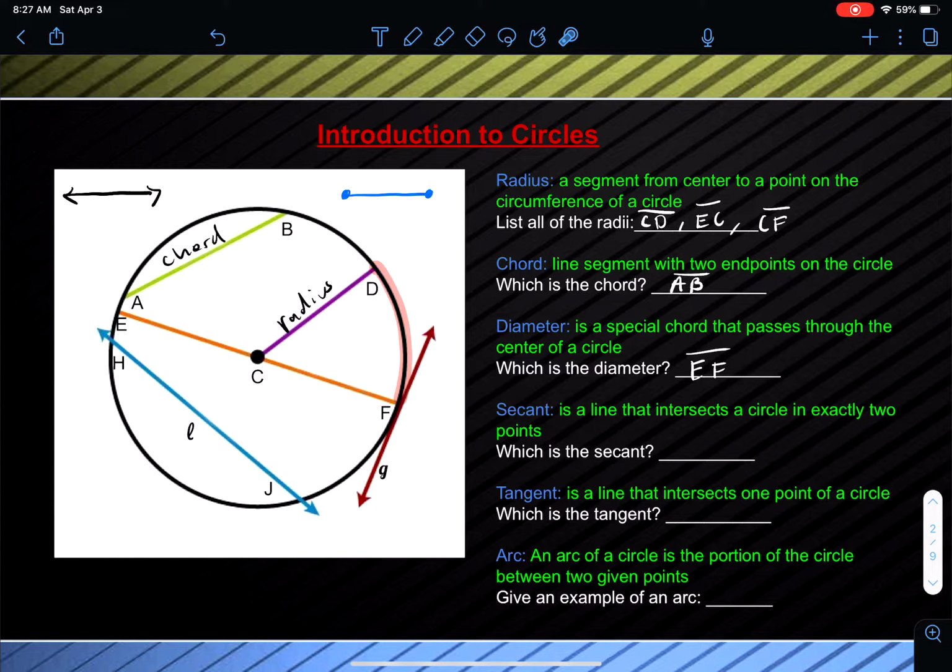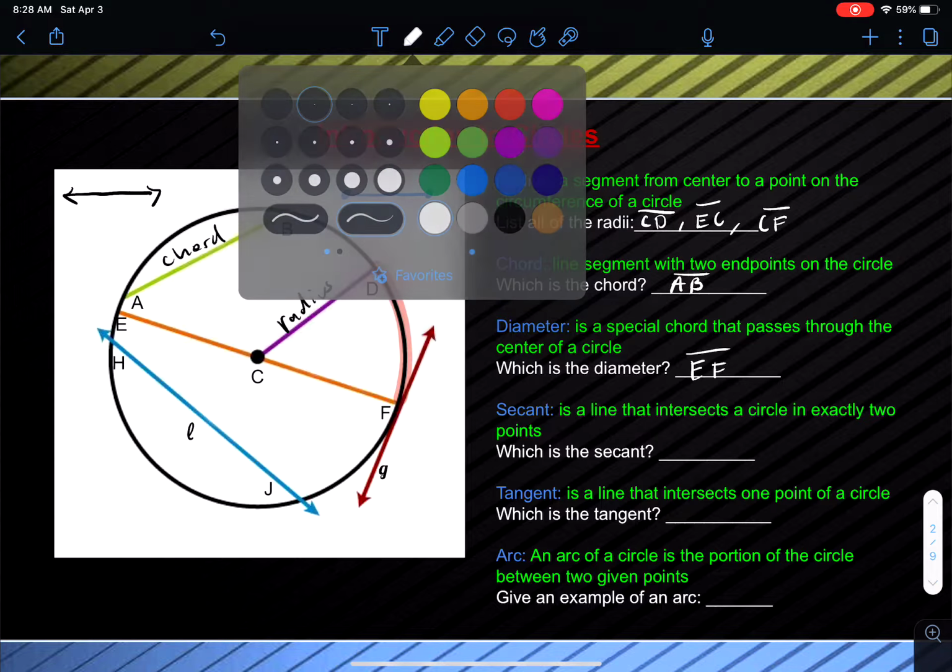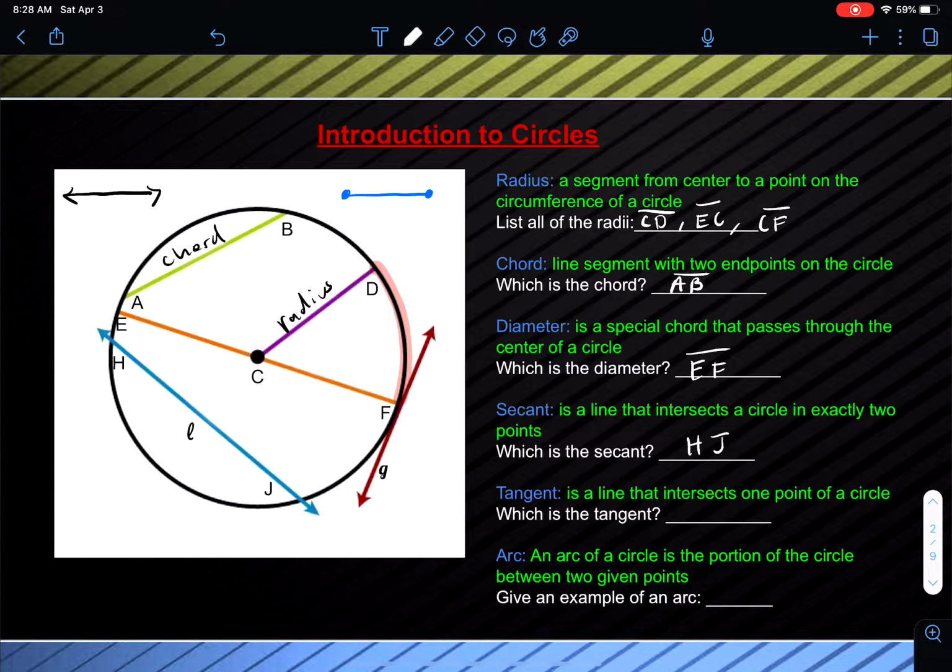So that means that this is our secant, because it is a line that intersects a circle in exactly 2 points. There's a point and there's a point. So we're going to write HJ, line HJ.